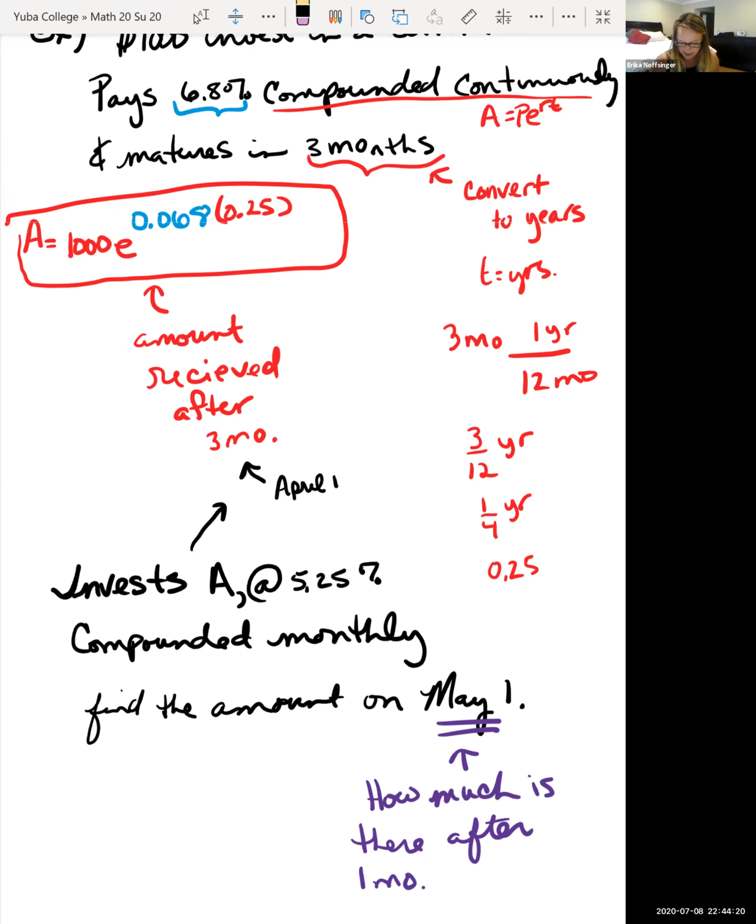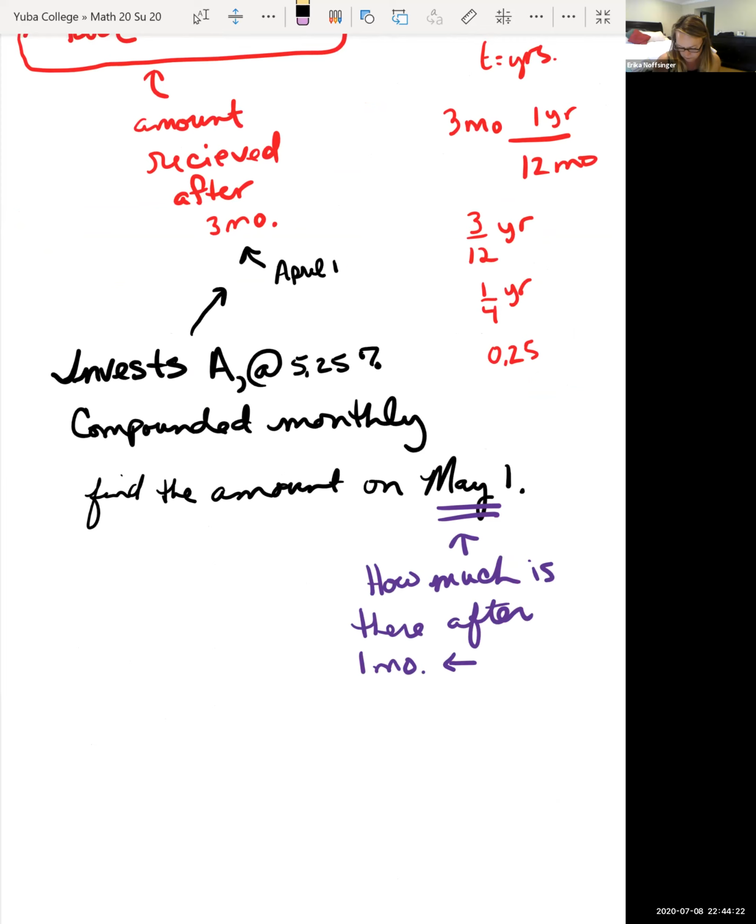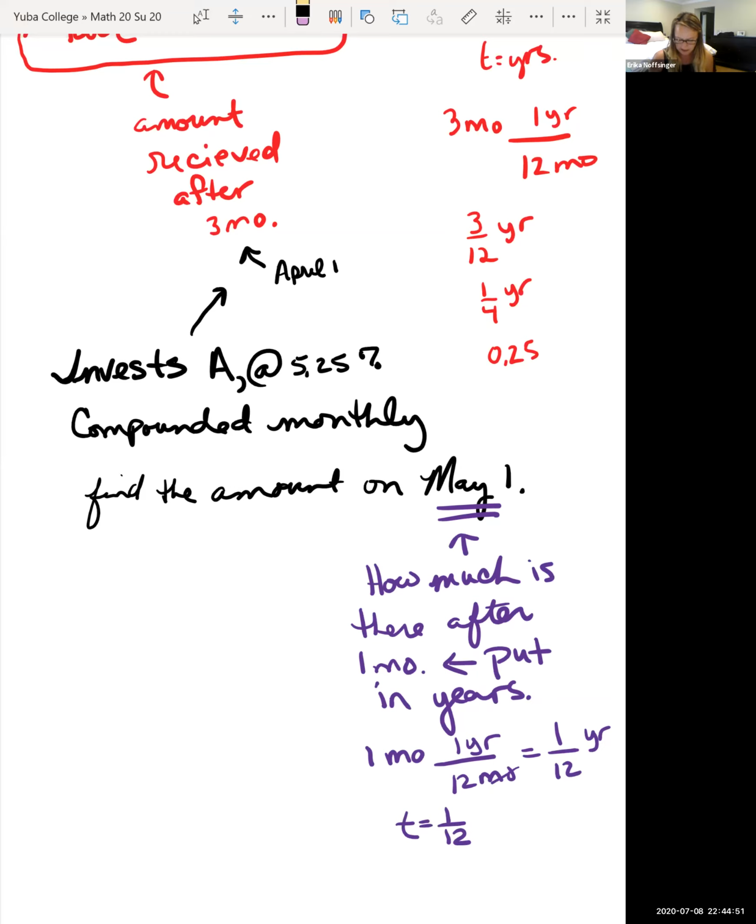We need to put this again in years. I know that 1 year is equivalent to 12 months, so 1 month is equal to 1/12 of a year. So T in this case is going to be 1/12.